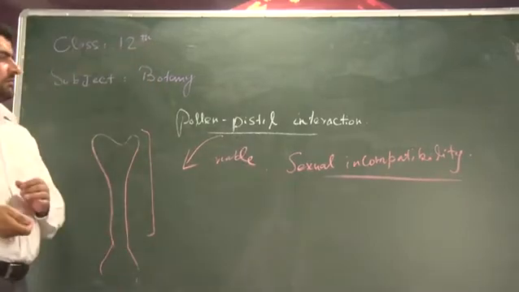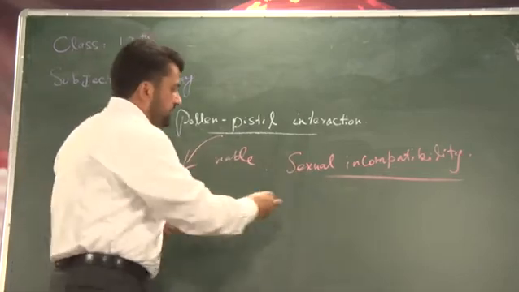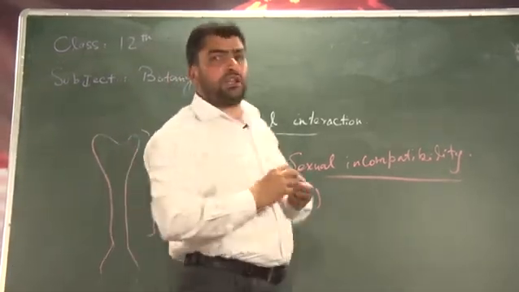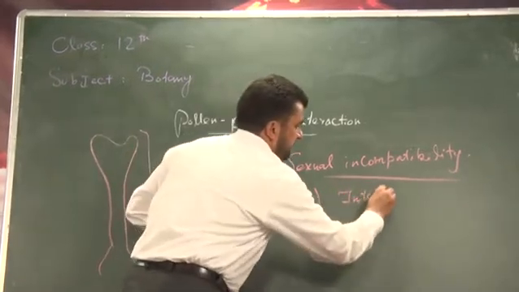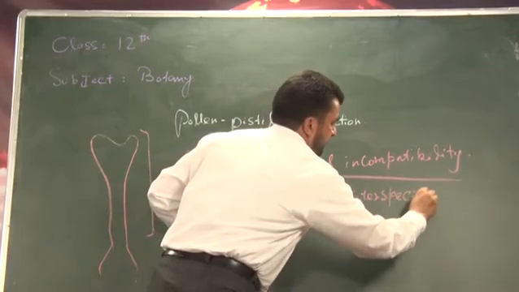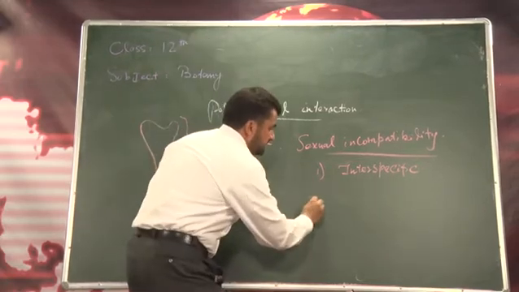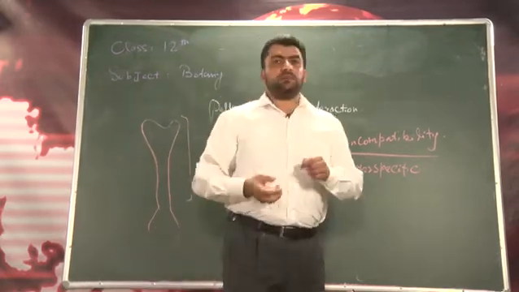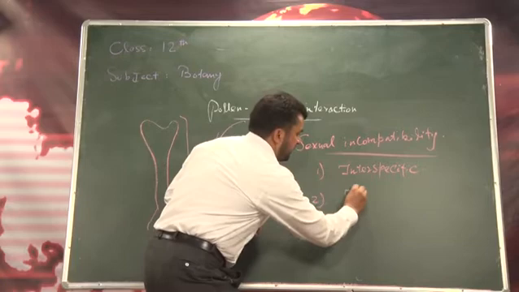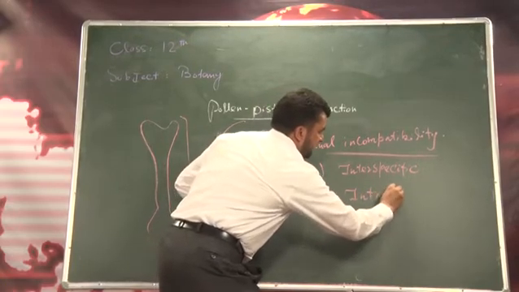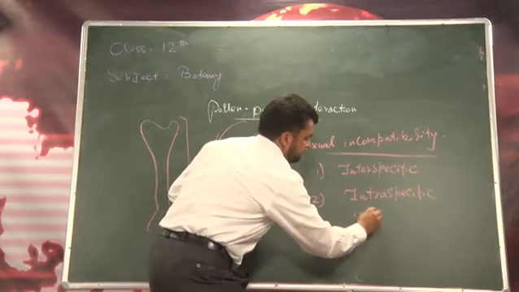Now, there may be two types of this sexual incompatibility. One, between individuals of different species, simply that you call interspecific incompatibility, and the second one is the incompatibility between individuals of the same species. This you call intraspecific incompatibility.